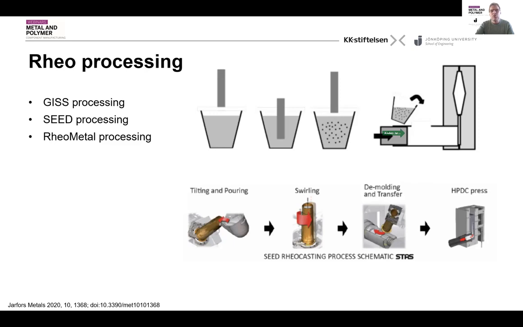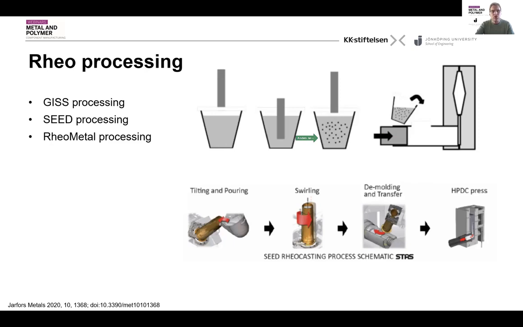This process normally works at slightly lower solid fractions than the other processes, and it's not requiring as much change to the process as the other processes would do. Here it's gas that sort of drives the forming of the phase, but it's driven from the interior of the melt.